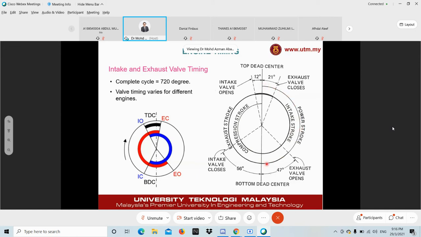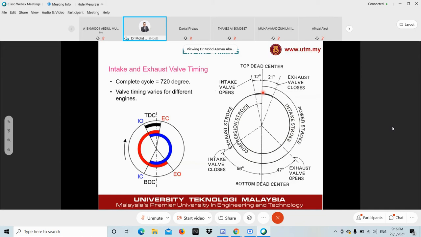It moves down 180 degrees to BDC, followed by the exhaust stroke, moving back up 180 degrees until it reaches TDC. Hence, you have two complete revolutions, which is 720 degrees.